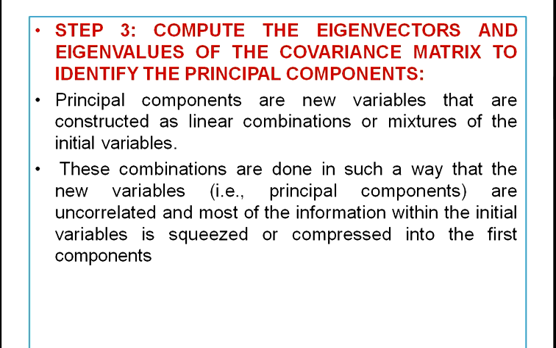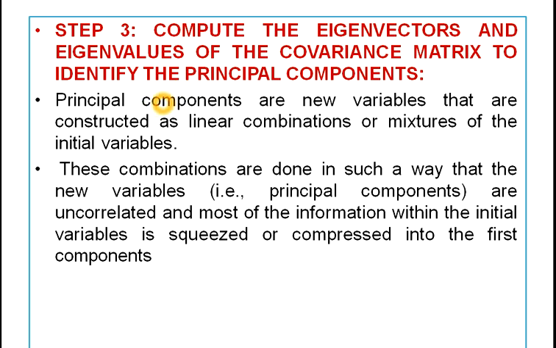Now, the third step is to compute the eigenvectors and eigenvalues of the covariance matrix to identify the principal components. You might recall from my assignment that I asked you to prepare some notes on eigenvectors and eigenvalues from linear algebra, because they are needed in ML preprocessing techniques and algorithms, or here in dimensionality reduction techniques.